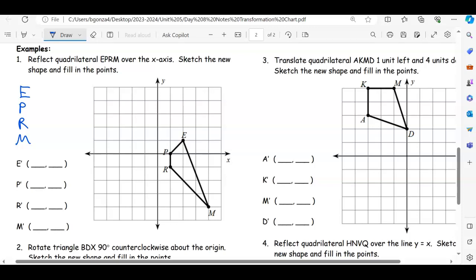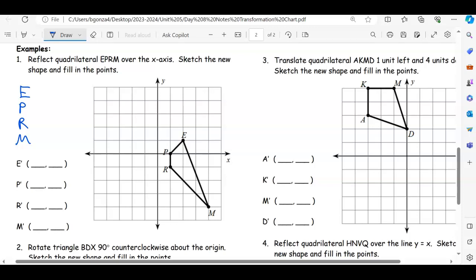Now, if you struggle with this, this is the best way I can tell you to do it. Put your pencil at the origin, right in the middle. Okay? And which way do you go, left or right? Don't go up and down. Left and right, which way goes to E? Is it left or right to get to E? Right 2. We know right is positive, so it's going to be 2.